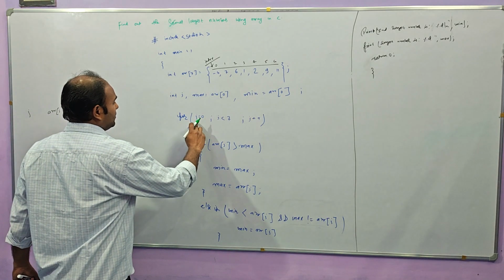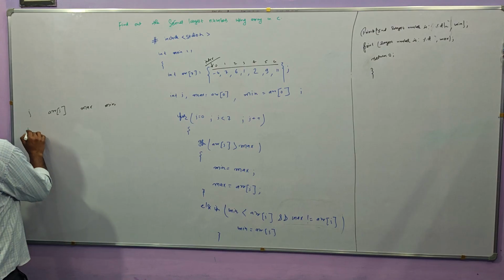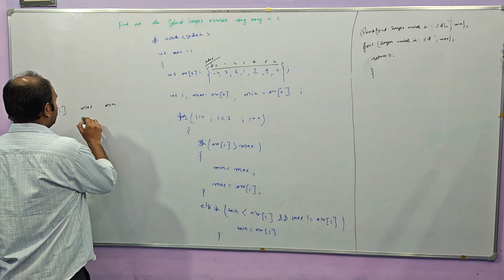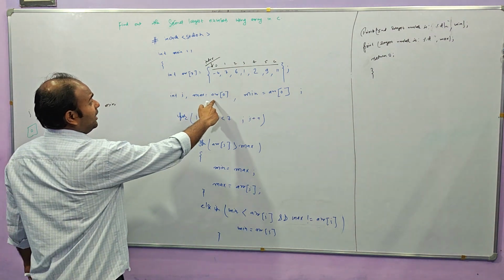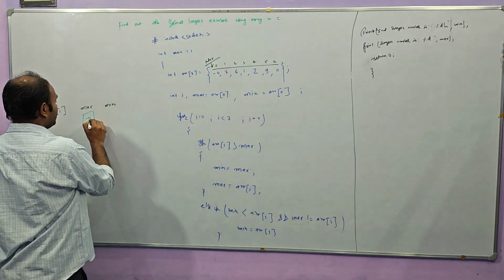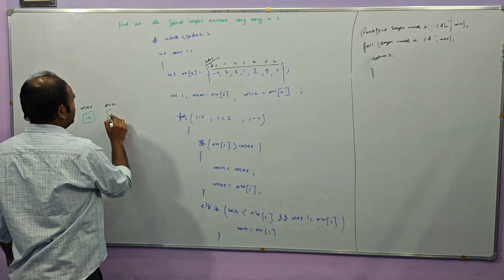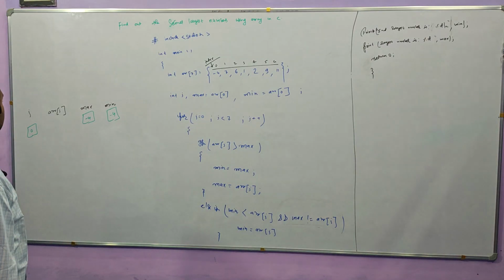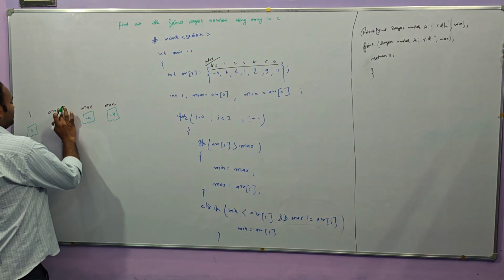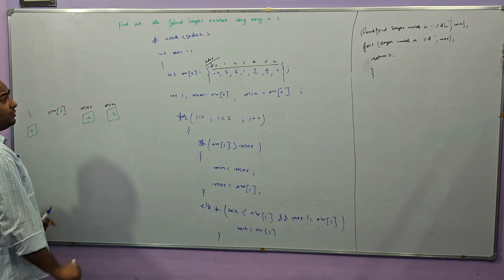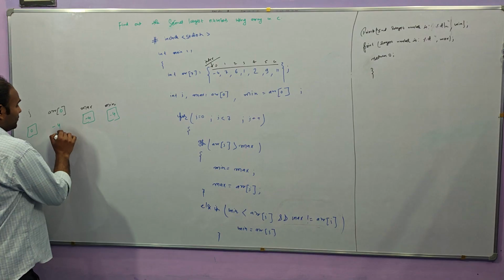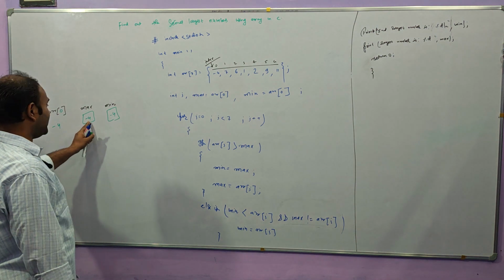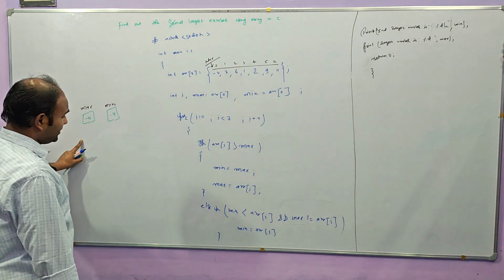Firstly i is equal to 0, and we have max and min. ar[0] is what? -4, and in min also ar[0] is min, so we have the -4 value. Is -4 greater than max? No, -4 is not greater than max.